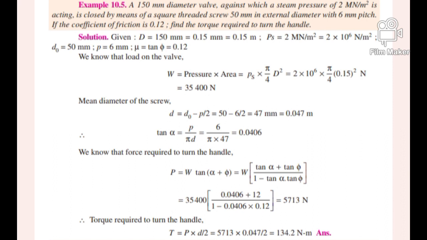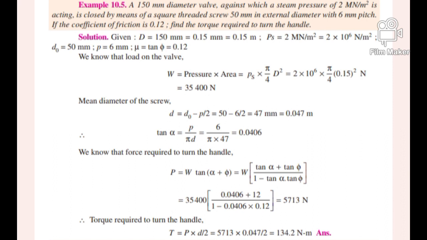First we have to find the load on the valve, W, which has to be lifted. The load to be lifted is W, which is equal to pressure into area. The pressure is given as 2 meganewton per meter square, and we can find the area by using the formula pi by 4 into d square. By multiplying the pressure into area, we get the load, which is equal to 35,400 Newton.